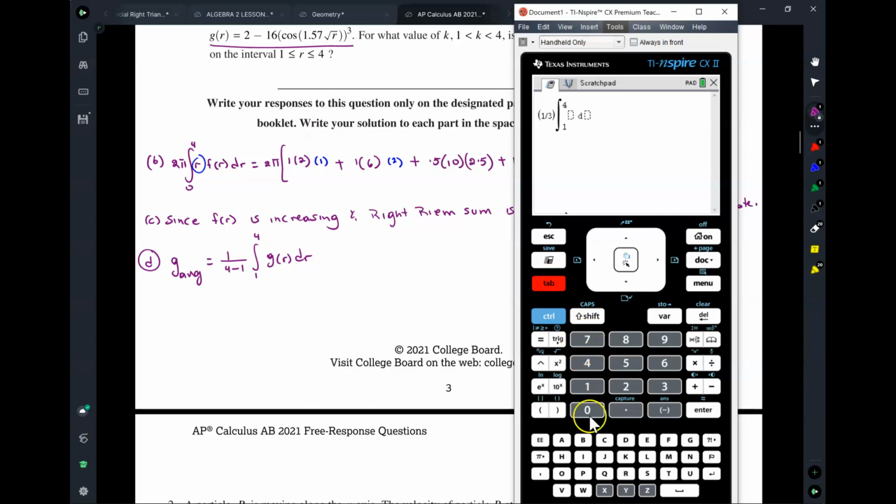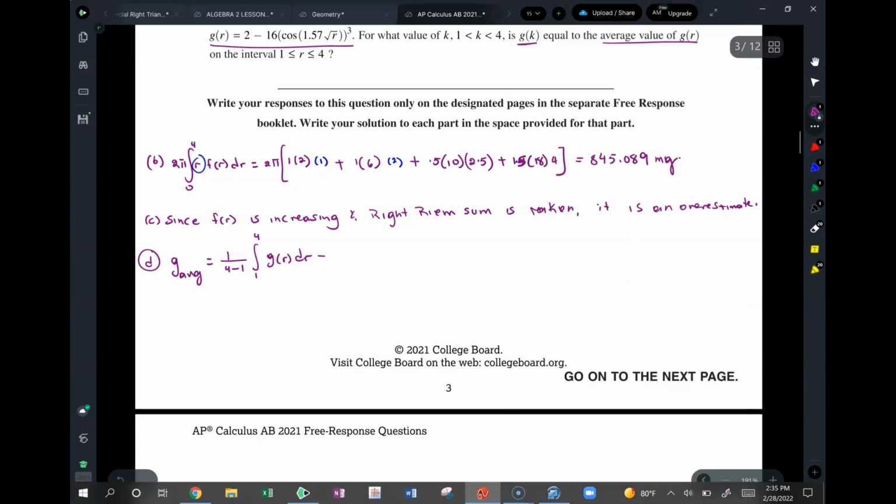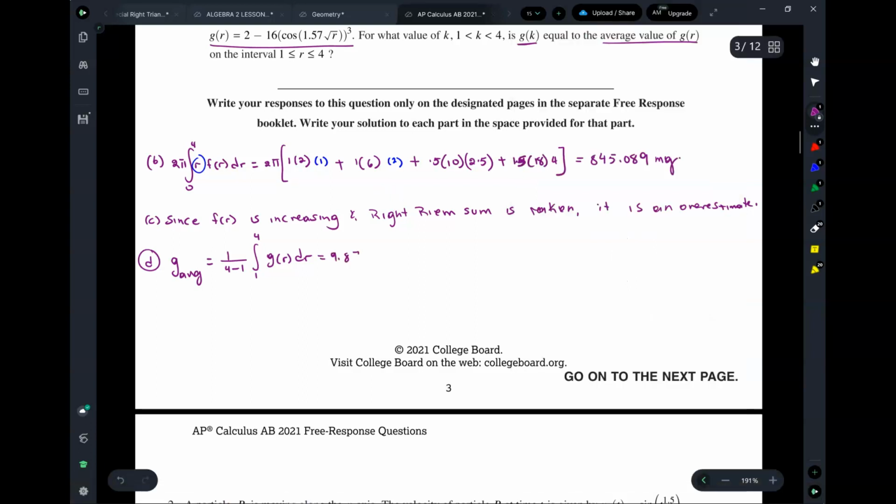Recall it from the graph: f1 of x dx. Enter. So here we're going to say that this is 9.87579. This is an intermediate step, so I went to a couple more decimal places.